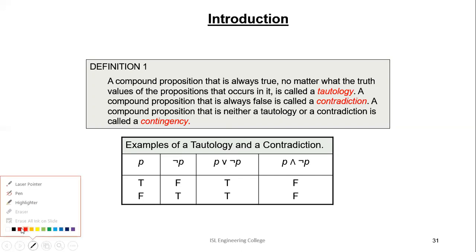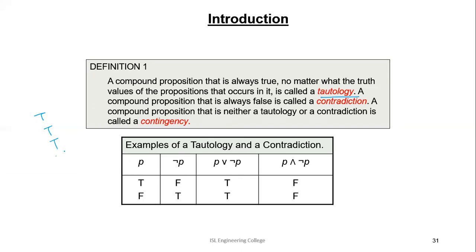So whenever the value is always true, then it is called a tautology. So whenever the last column of our proposition has all the values true, then it is a tautology. Similarly, if it is always false, it will be a contradiction.